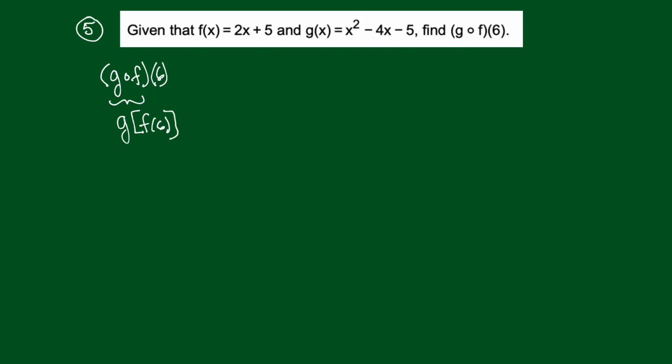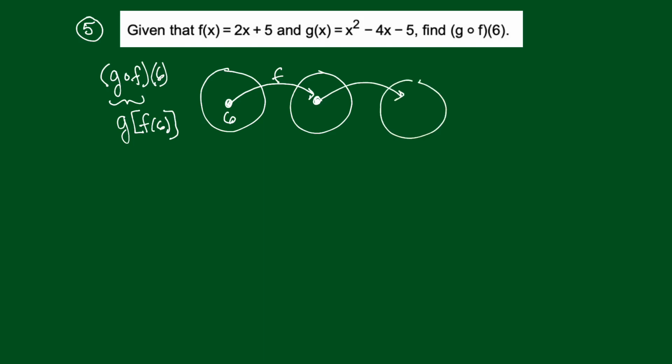So the picture looks like this. I'm going to start here with a 6. And then I'm going to process it with f, right? So we'll see what we get out. Then whatever I get out, I'm going to process it again using g and see what our final result is.